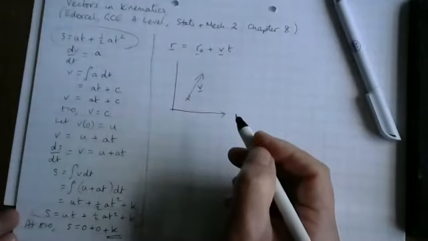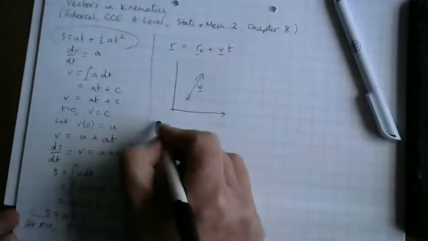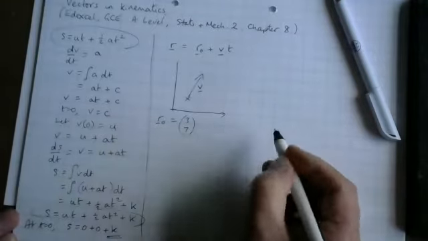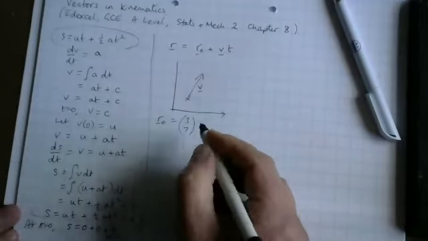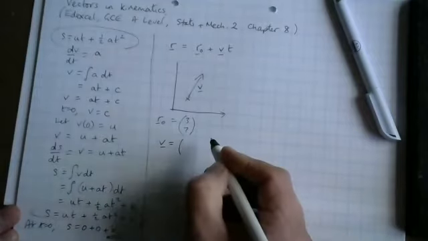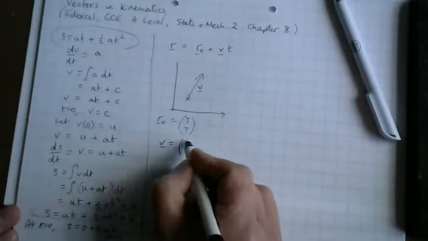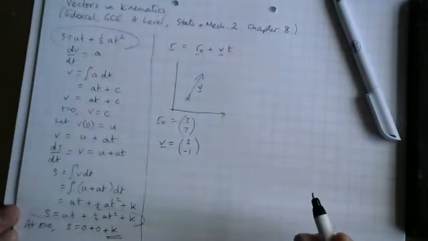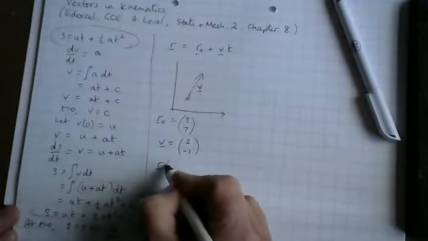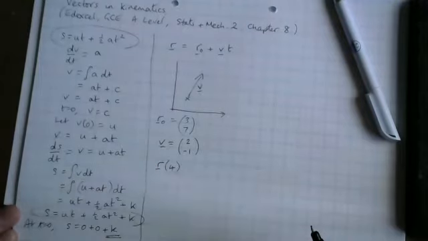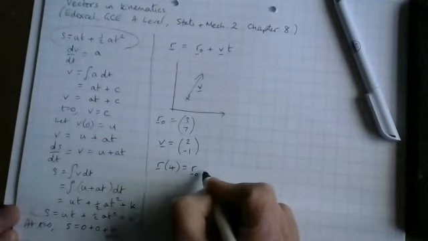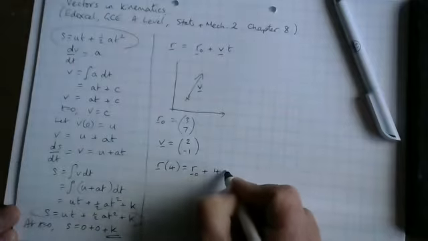If we start from (3, 7), so r0, our starting position, is (3, 7), and my velocity is constant, and my velocity is (2, -1), then in a time of 4 seconds, r, now I'd like to use this notation, r at time 4, is r0 plus 4v.